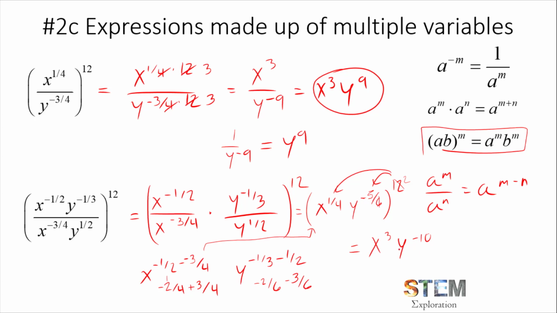Okay, and remember that y to the -10th power is equivalent to 1 over y to the 10th power. So we can take again these more complicated rational expressions and then rewrite them as such to create new simplified rational expressions.